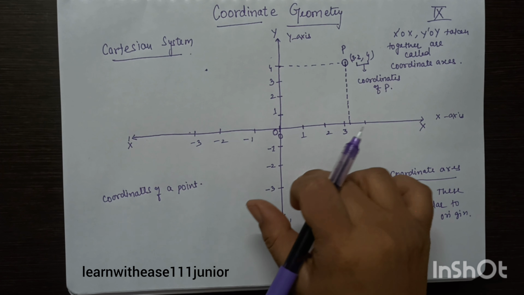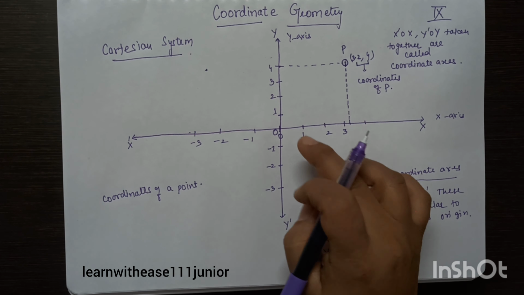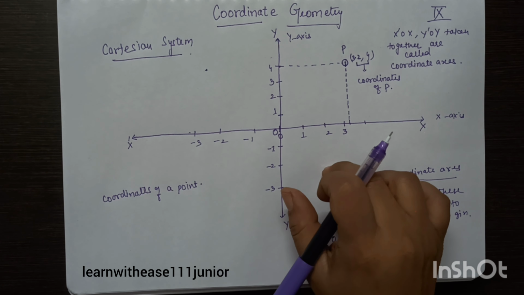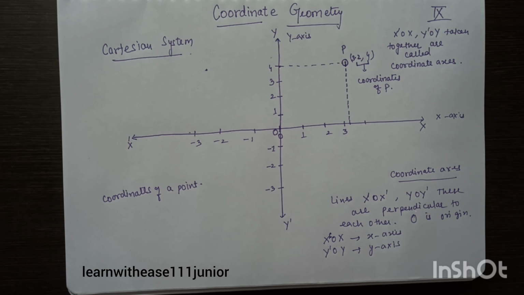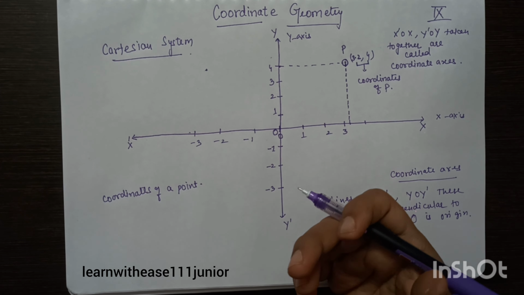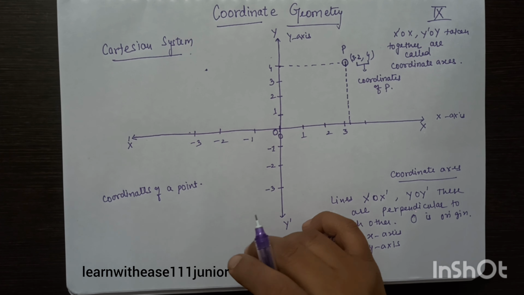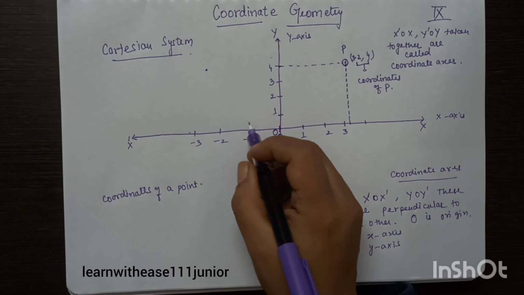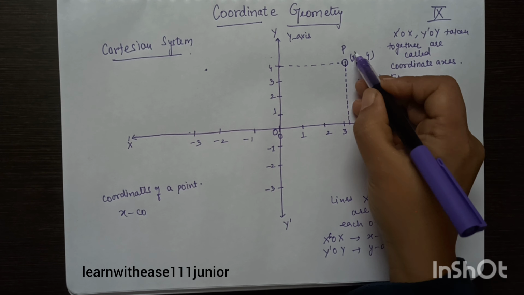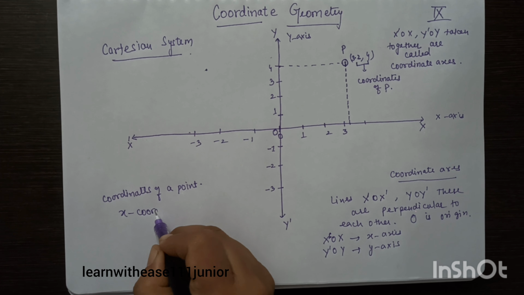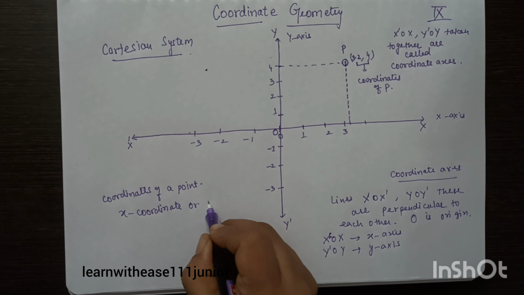So what we get is the coordinates of a particular point in these four parts of the coordinate axis. We get the location of a particular point whenever we are talking about the coordinates of a point, right? The first one is x coordinate or abscissa.